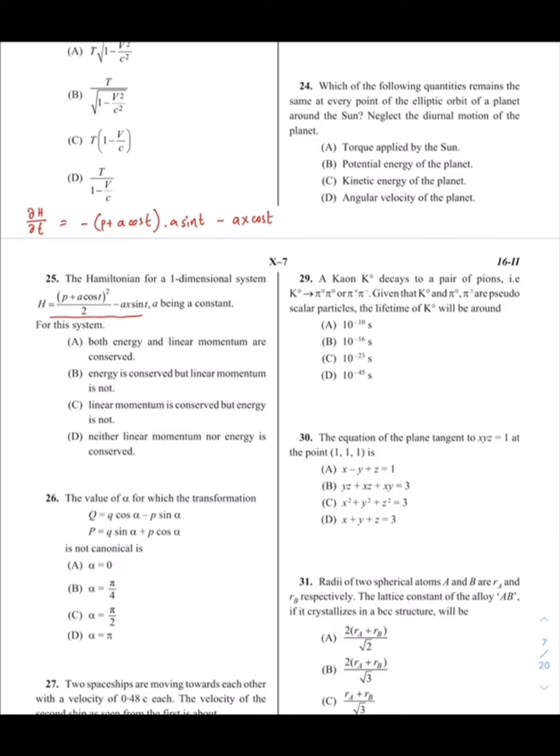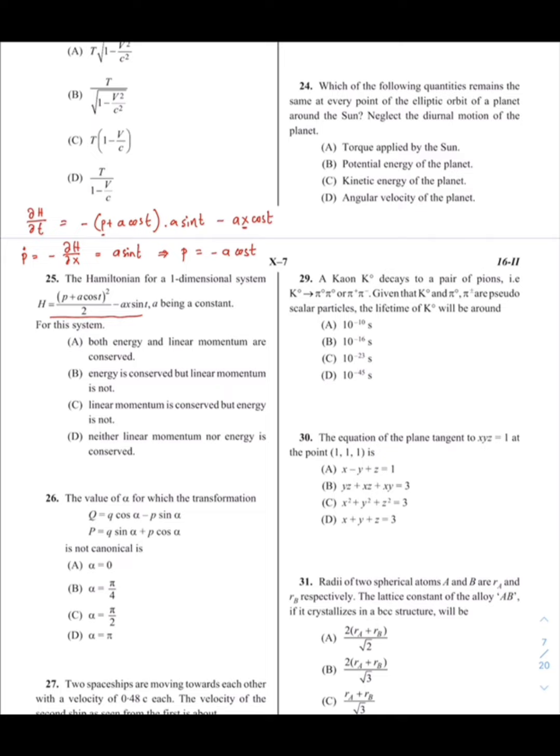At this moment the variables x and p may carry explicit time dependence, so we have to calculate those. We know that p dot, which is the derivative of p with respect to time, is minus del H by del x, and this is equal to a sin t. So this means that p is equal to minus a cos t.